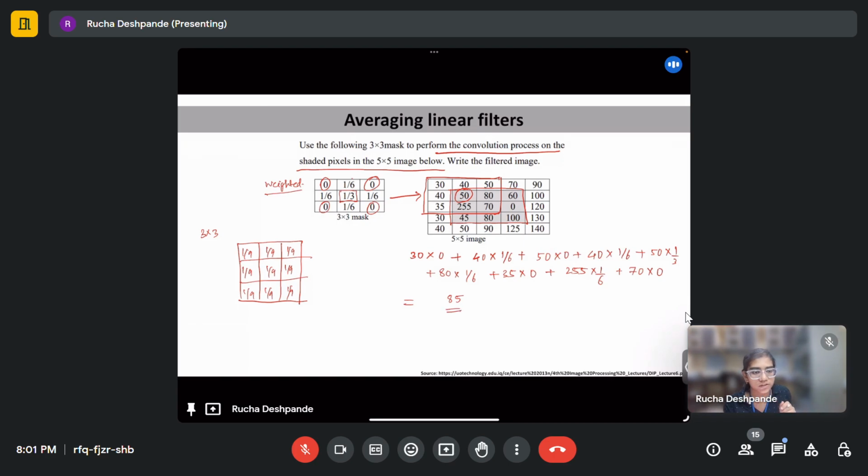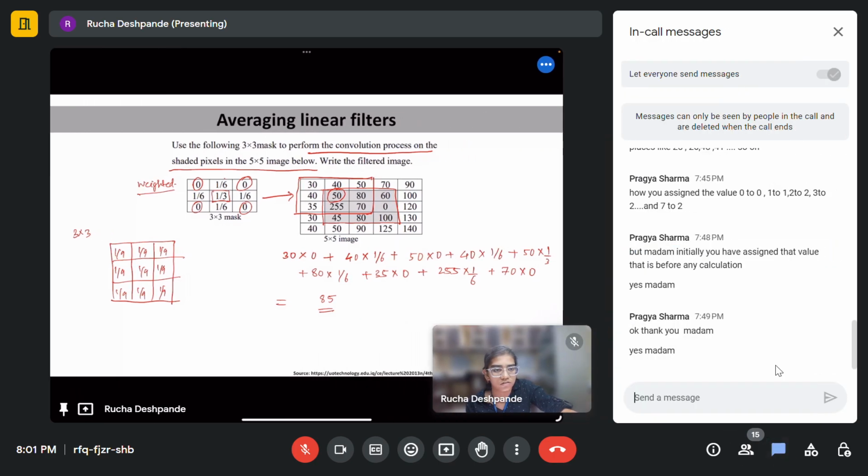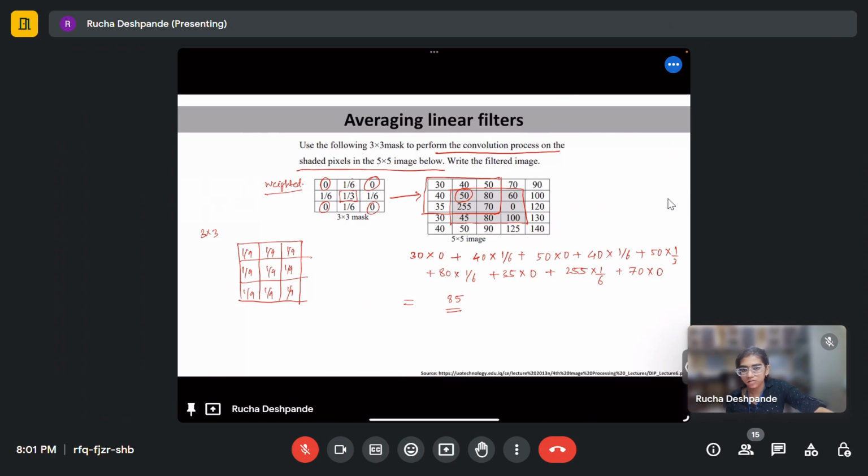You can also cross check with me. Alright, so the output after performing this filtering, the central pixels have values 85, 65, 61, 89, and for these edge pixels we do not have a value from the filter.